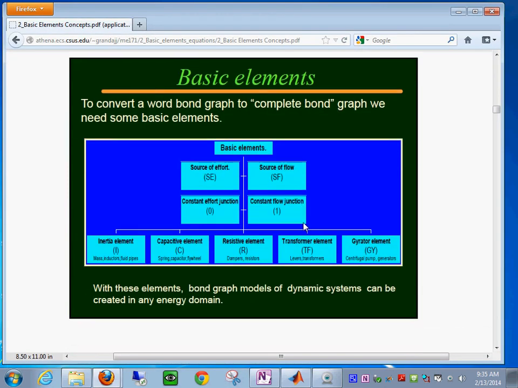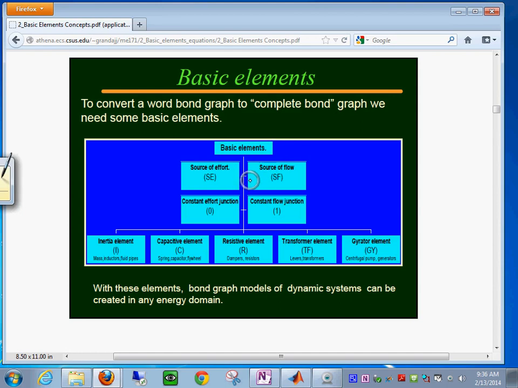Having said this, let's go to the basic elements in this chart. You have 9 elements. And what I'm here to tell you is that with these 9 elements, we should be able to model just about anything in real life. Here you have the 2 sources.